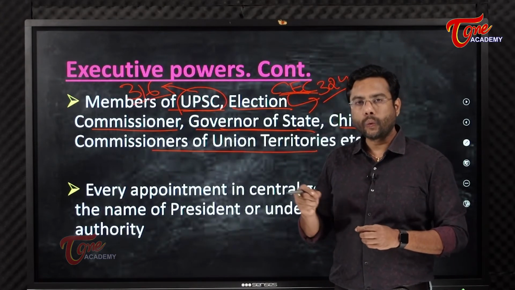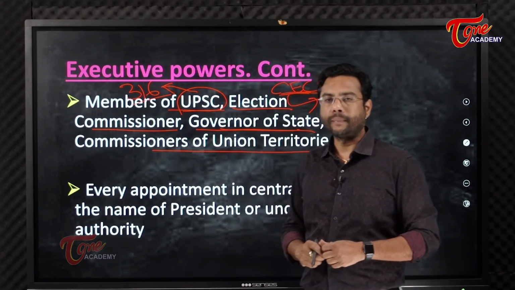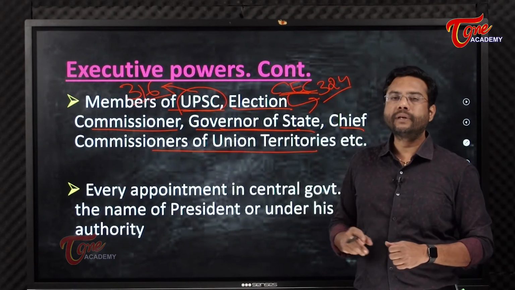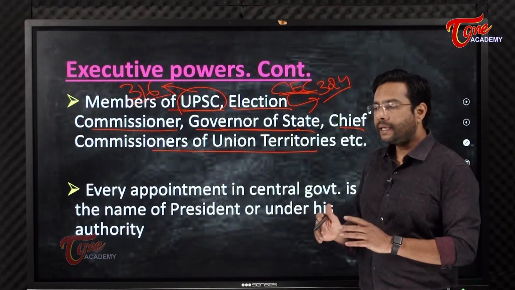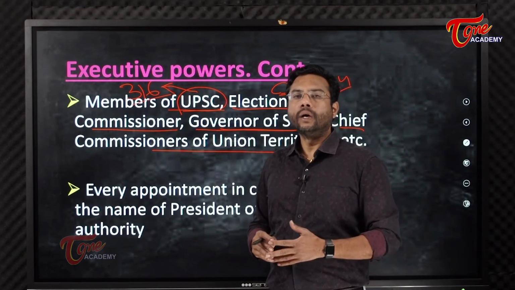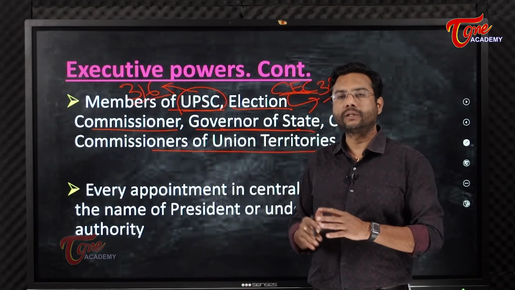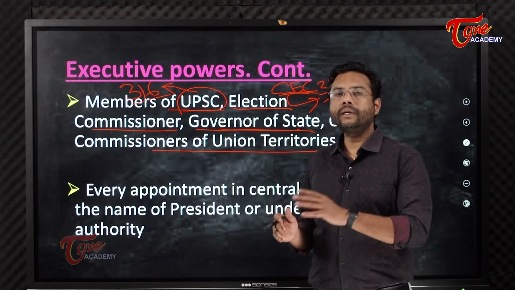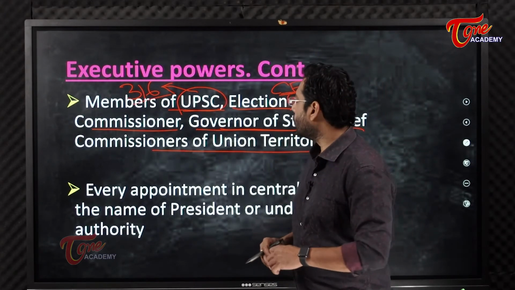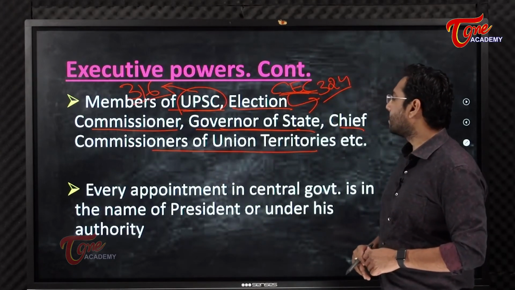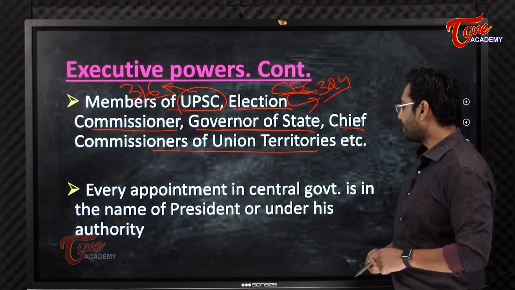Delhi has its own legislative assembly and Puducherry also has its own. But there will be a lieutenant governor in all these union territories. Administratively, the President appoints lieutenant governors who administer those union territories. We do have chief ministers, but it is not completely a separate state and doesn't have state status. So the commissioners of union territories are also appointed by the President of India.